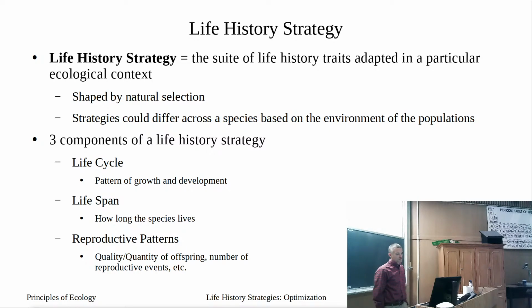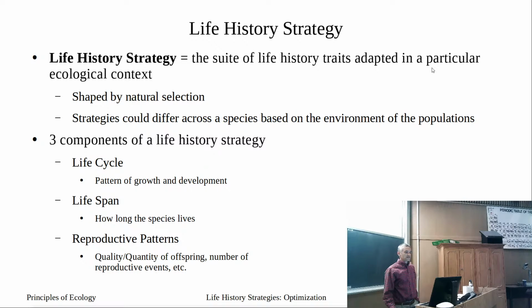The life history traits are characteristics of growth of our population, or of our species. How fast do we grow? When do we reproduce? How many offspring do we have? How often do we reproduce? Those are all life history traits. They're things that determine how our organism is going to live. So the life history strategy is a collection of all of those traits.